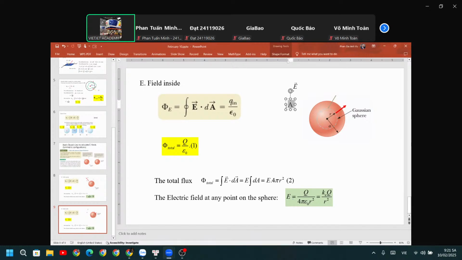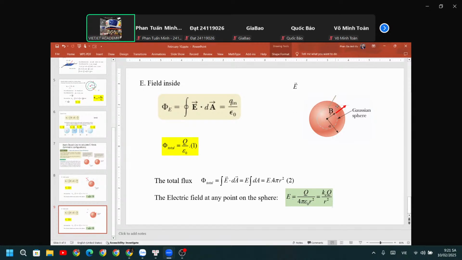Let's call the point B. But do you agree with me that the electric field at the point B is radial again?